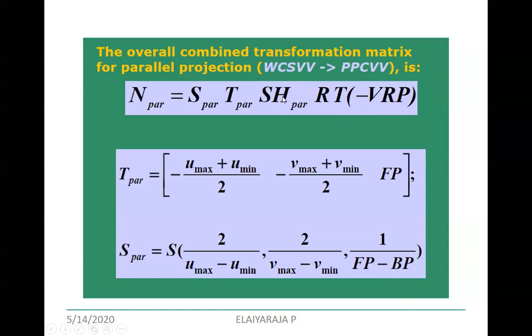Then you perform shear, except for orthographic projections, and then translation and scaling. With these you bring the parallel projection coordinates to normalized screen coordinates.